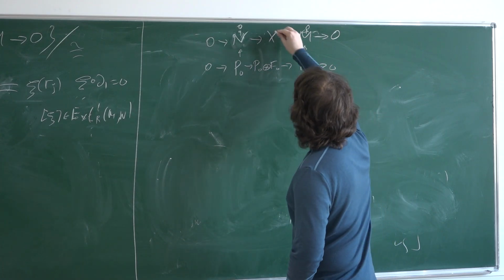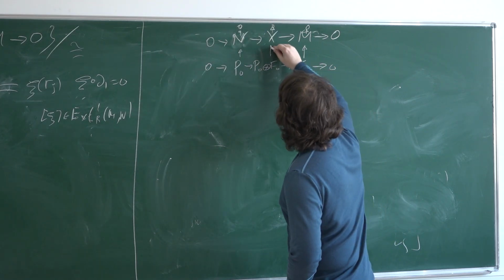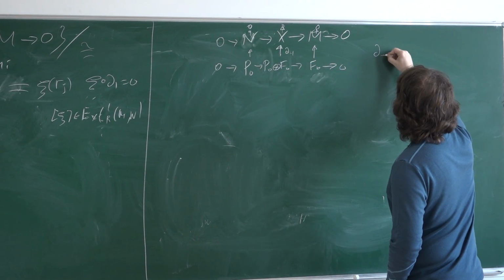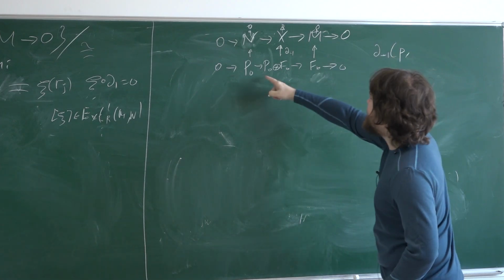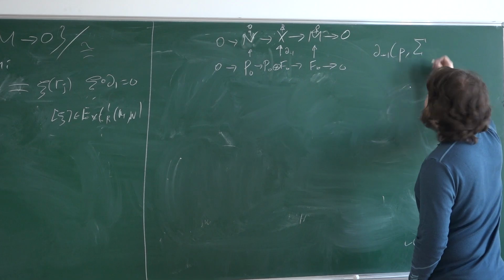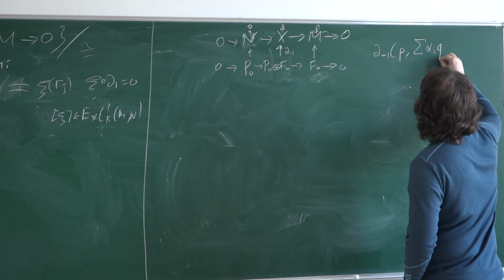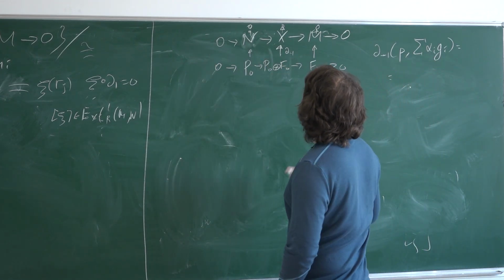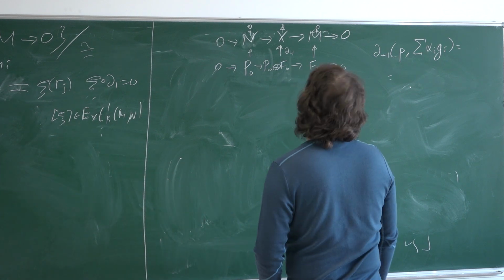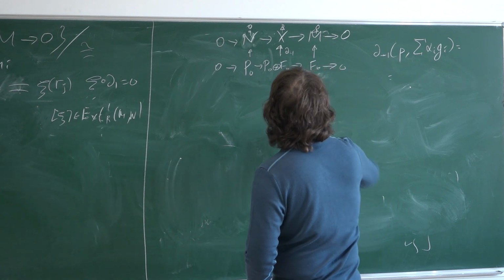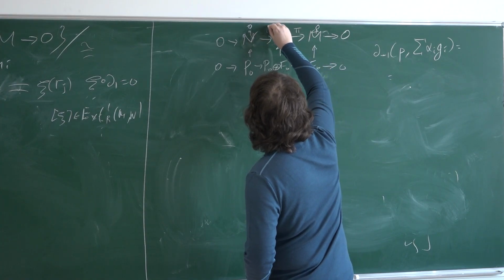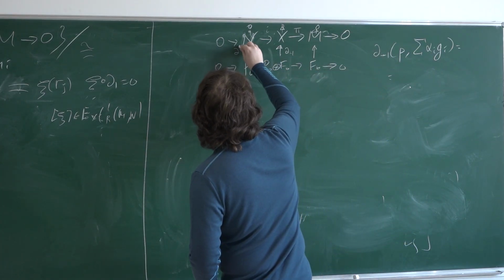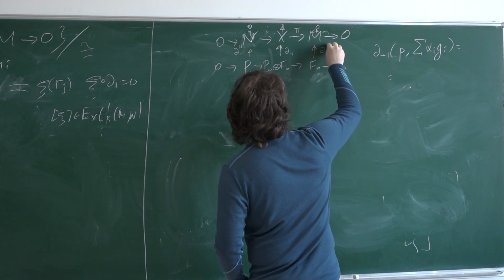So we can use preimages x_i. So this map, d_{-1}, sends an element p from P0, and a sum with some coefficients g_i. We maybe need some names. Okay, it's pi, i, d_{n-1}, d_{m-1}.